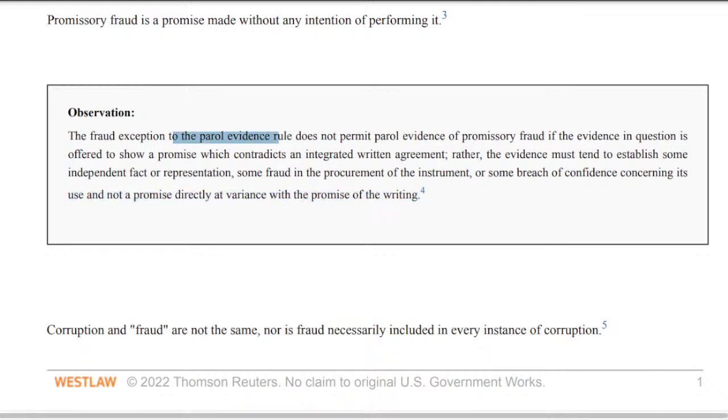Parole evidence. So we all remember what that means, right? Let's look at this real quick. I've given it to you off the top of my head. Just a second here.